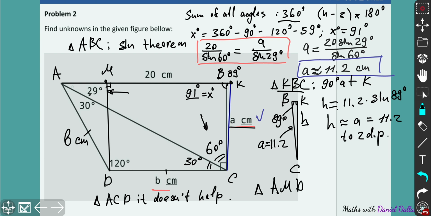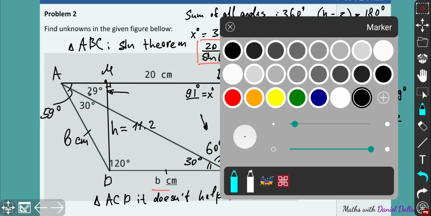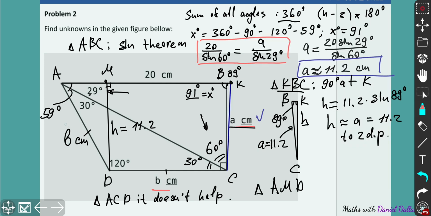You'll have this angle to be 59 in total, and you have a right angle triangle with this side to be the height, which is approximately 11.2. So if we use that, we can figure out B. That's our target variable right now. B is the hypotenuse, right?